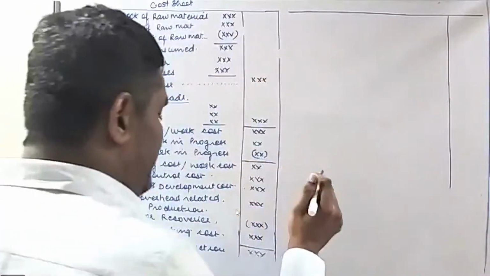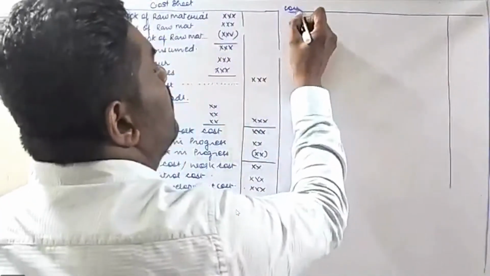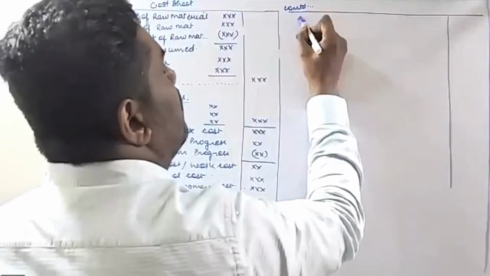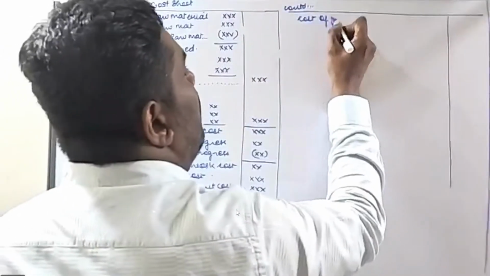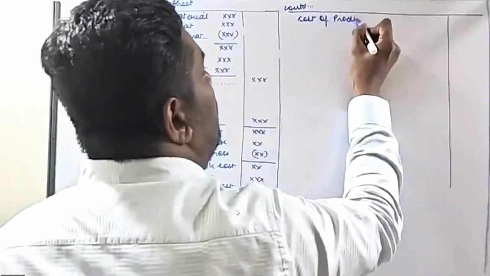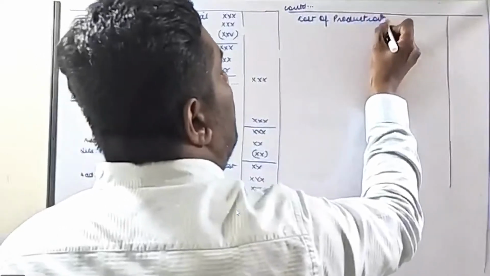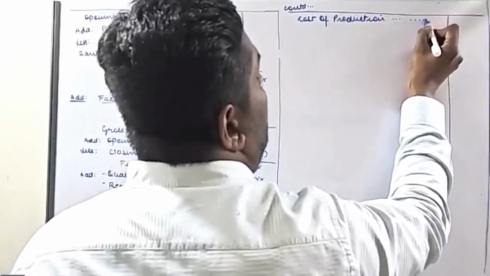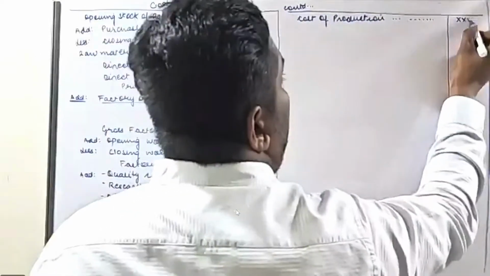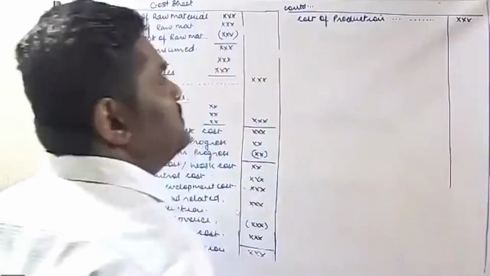So we are done with the calculation of cost of production. Rajita and Aditya, that link is already shared.